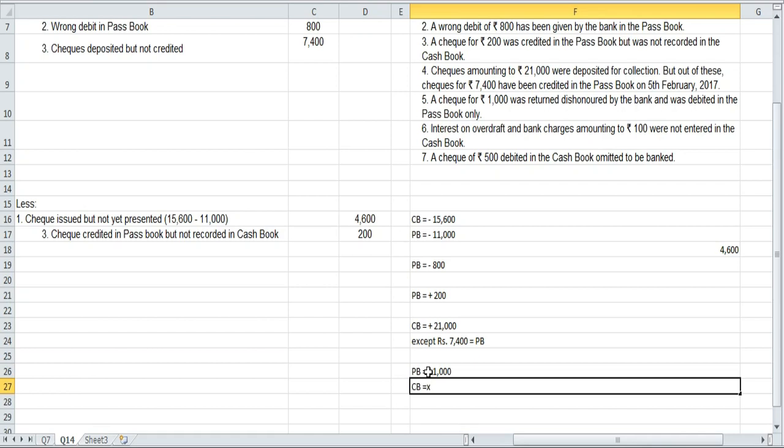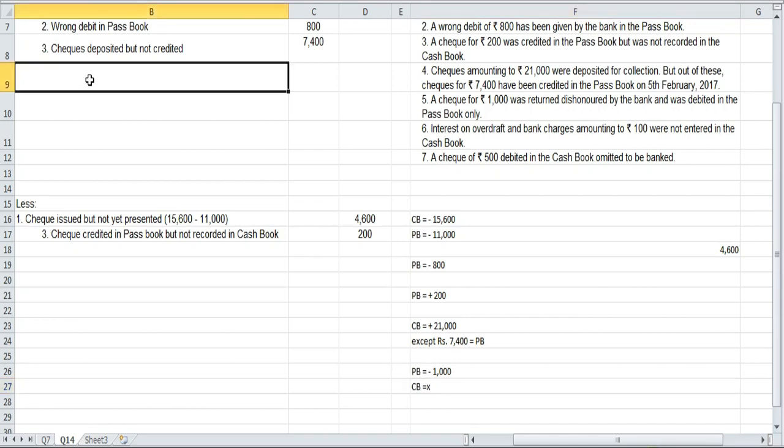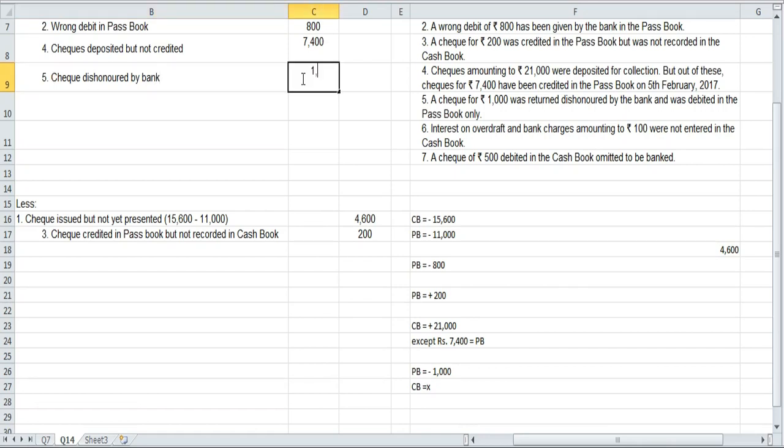So since you have not recorded, the passbook is still down by 1,000. To match with the cash book, you'll have to bring it up, so we'll write on the add side. Number 5, check dishonored by bank, 1,000.